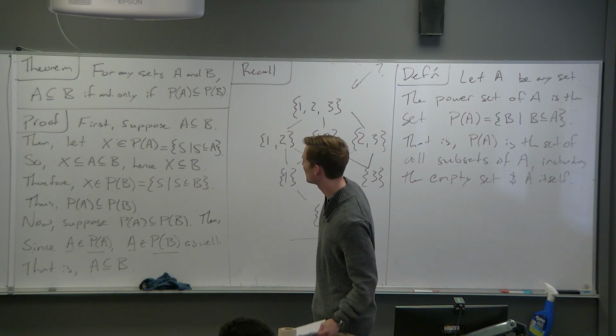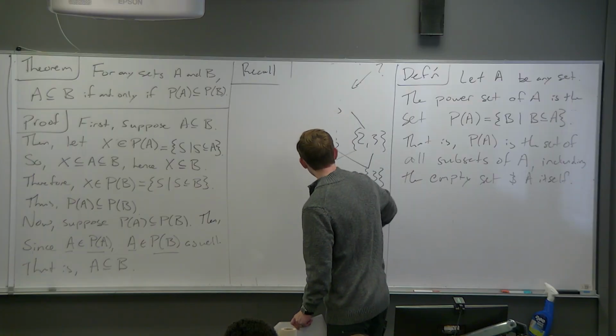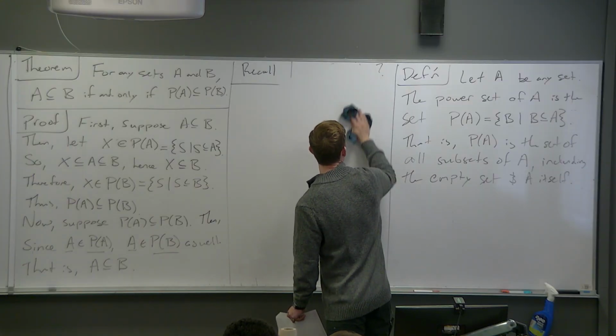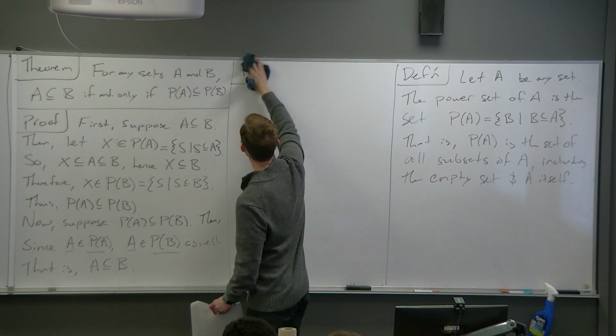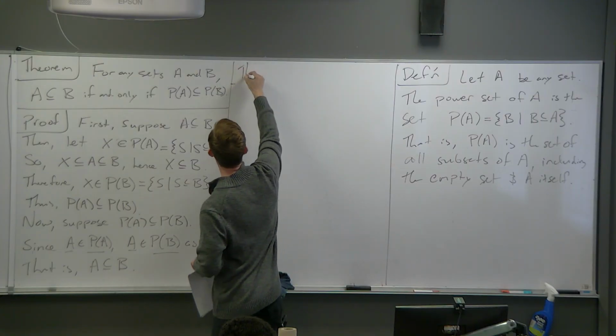What other things can you do with power sets? How do they work with our other operations that we've seen? Well, the answer is, for some of them, pretty nicely. Here's another theorem.